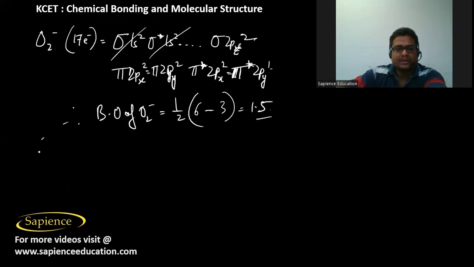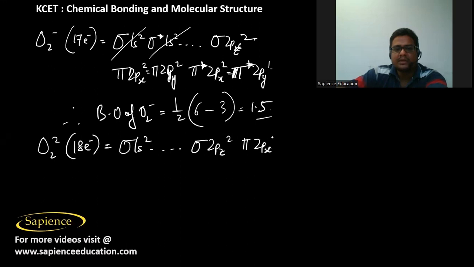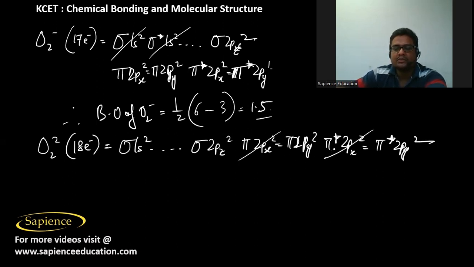Here, in case of O2 2 minus, it will have 18 electrons. It will start from sigma 1s2 and go till sigma 2pz2, and then pi 2px2, pi 2py2, then pi star 2px2 equals pi star 2py2. Here pi 2px and pi star 2px will get cancelled, and pi 2py2 and pi star 2py2 will get cancelled. So all will cancel, only sigma 2pz2 will remain.